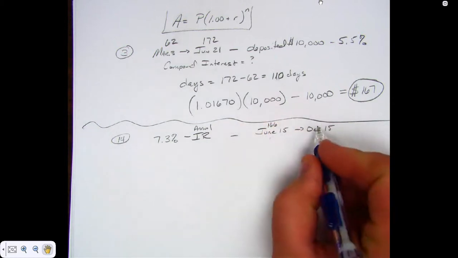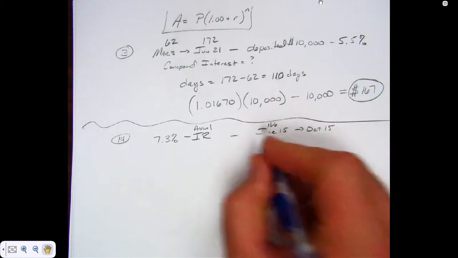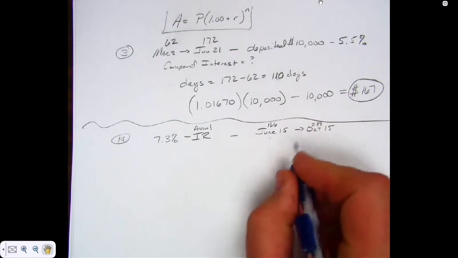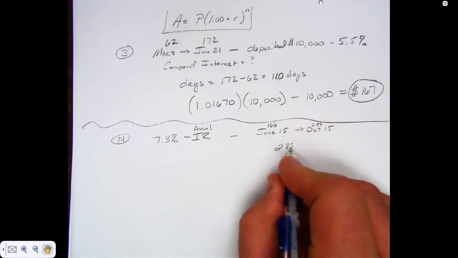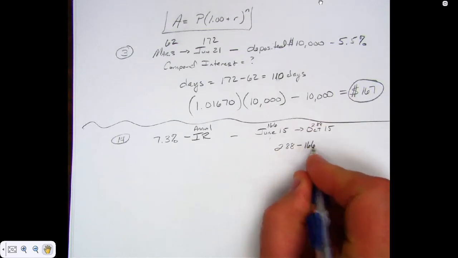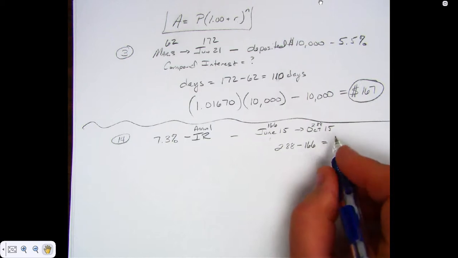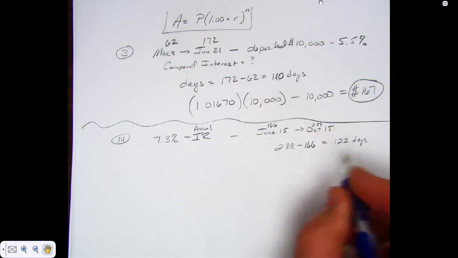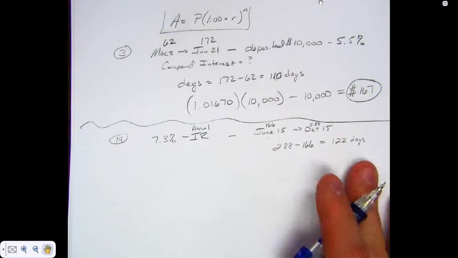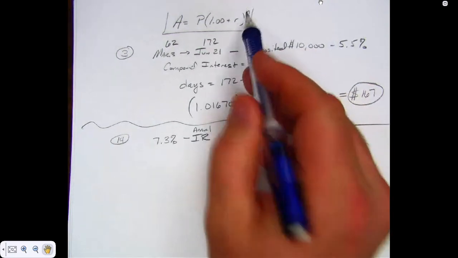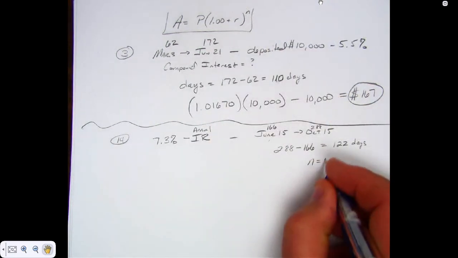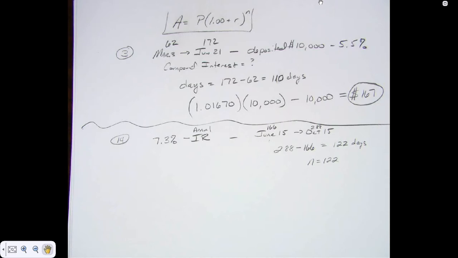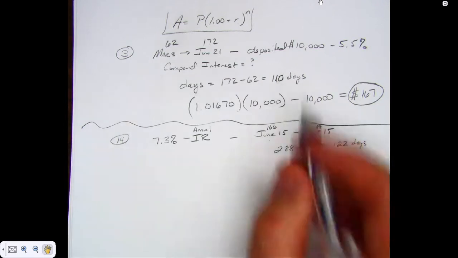What is October 15th? 288. So to find my days, I'm going to go 288 and subtract 166. And that gives me 122 days. That in this formula is n, the number of periods. So n is 122 because a period is a day, correct? So I have n for this formula.